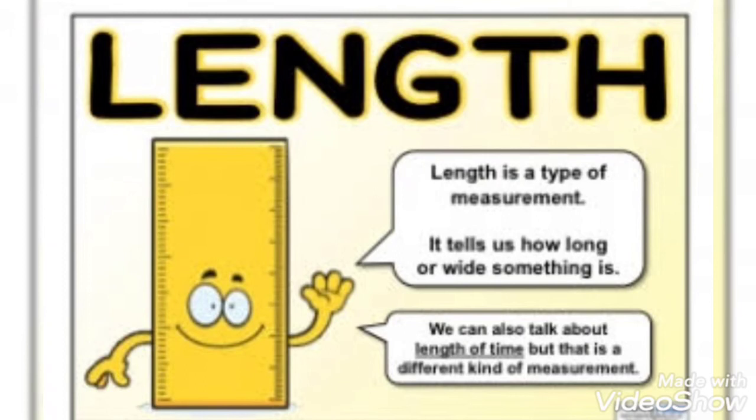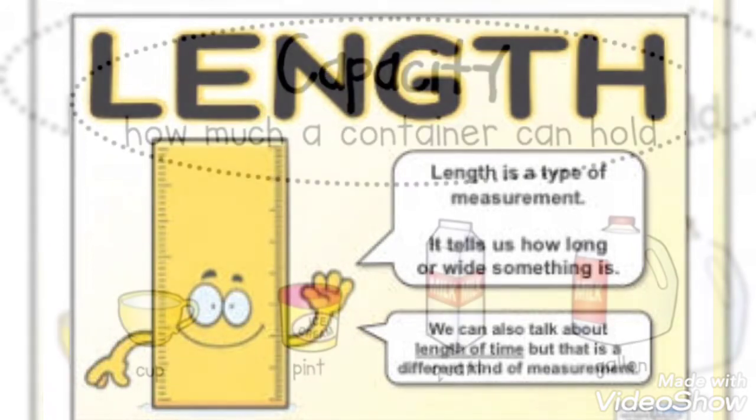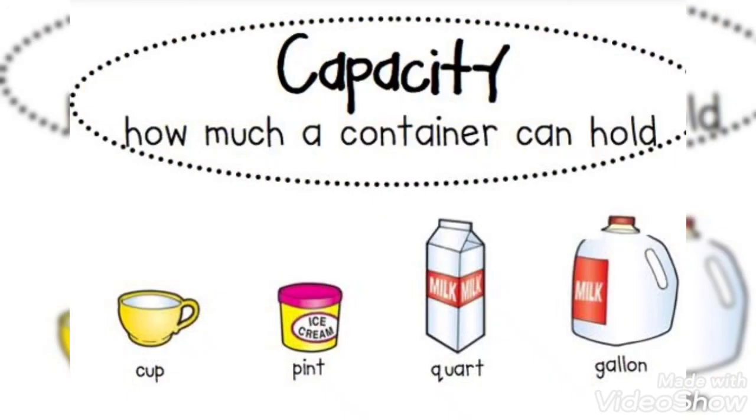So children, as we know, liquid doesn't have its own shape or size. It takes up the size of the container in which it is poured. So, capacity can be defined as the amount of liquid a container can hold.